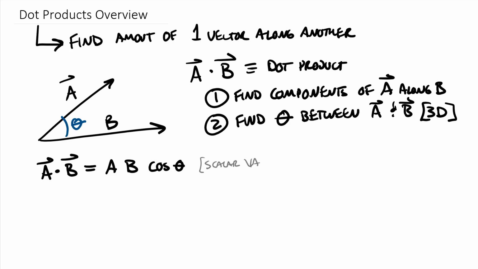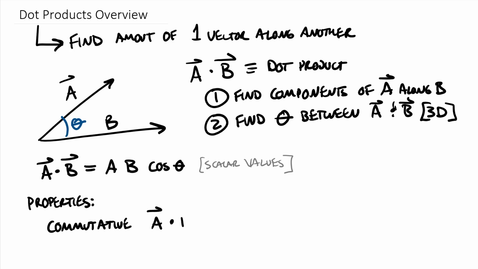And that is true no matter what vectors you dot, that they will always give you a scalar. A few properties of dot products is that dot products are what's called commutative. And what that means is it doesn't matter the order in which you dot them. So A dot B is the same thing as B dot A.